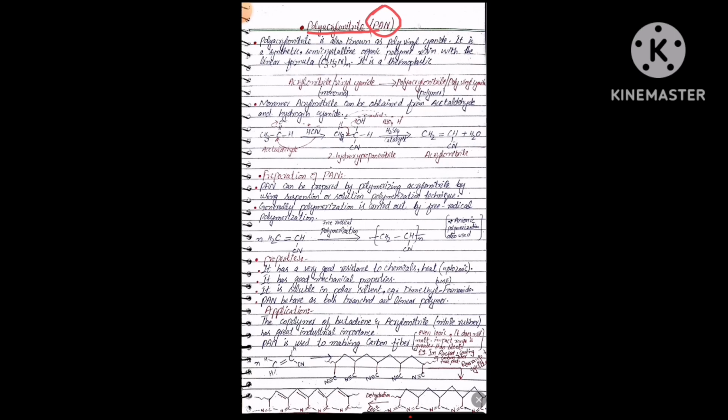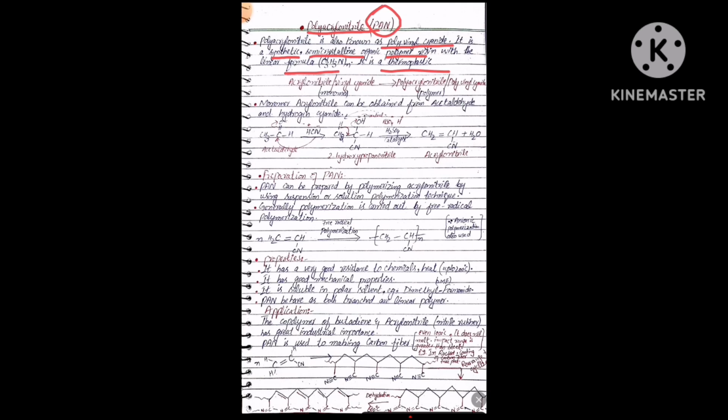Polyacrylonitrile is also known as polyvinyl cyanide. It is a synthetic semi-crystalline organic polymer resin with the linear formula (C3H3N)n. It is a thermoplastic polymer.